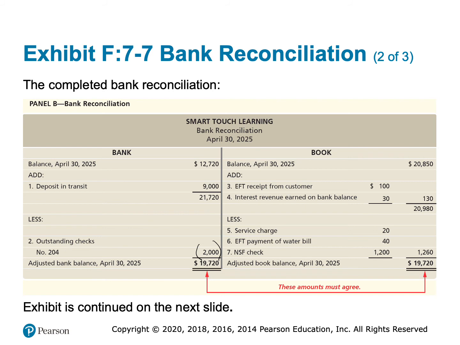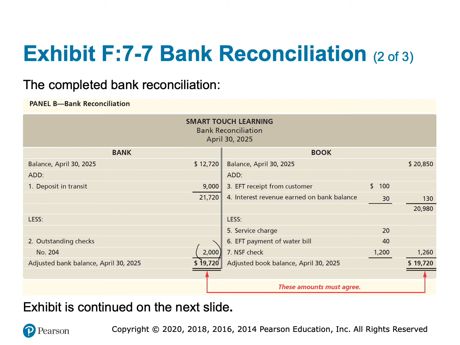That brings what we call the adjusted bank balance to $19,720. If we look at the book side, we're looking for things that were in the bank statement but I had not recorded in my books. I had an EFT receipt from a customer, a direct deposit into my bank account of $100, and I had interest revenue of $30. But I also had some charges that were automatically taken out of my bank account that I had not reflected in my books yet.